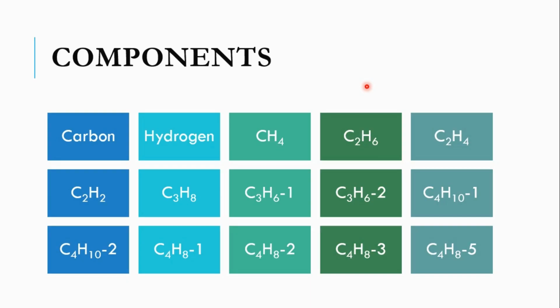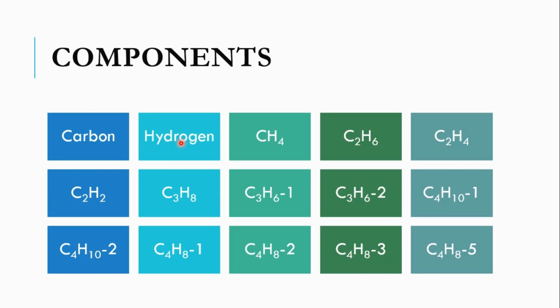Let's begin by defining the chemical components that are involved in the simulation. Since our objective is to investigate equilibrium hydrocarbon formation, we first define elemental carbon and hydrogen as our reactants.